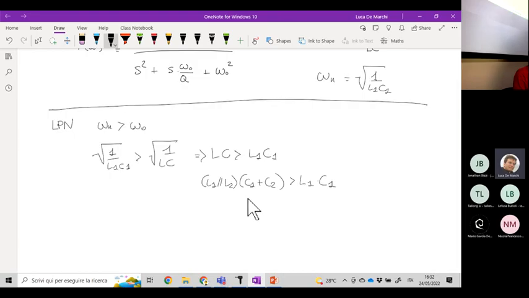What we can do is to check the inductance part and the capacitance part separately. So we can verify that, for example, C1 plus C2 is larger than C1. And this is obviously true, because we have an extra term here. What is not okay is the fact that L1 parallel L2 must be larger than L1.